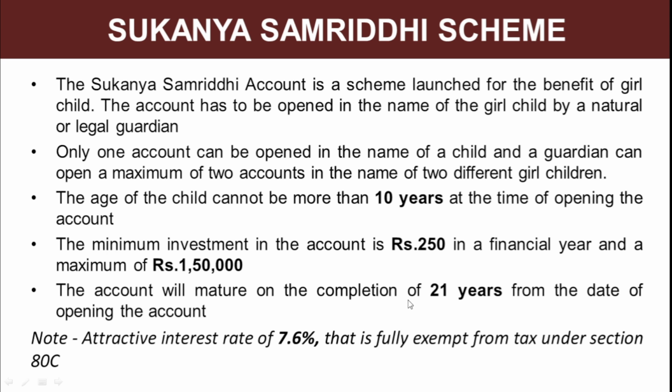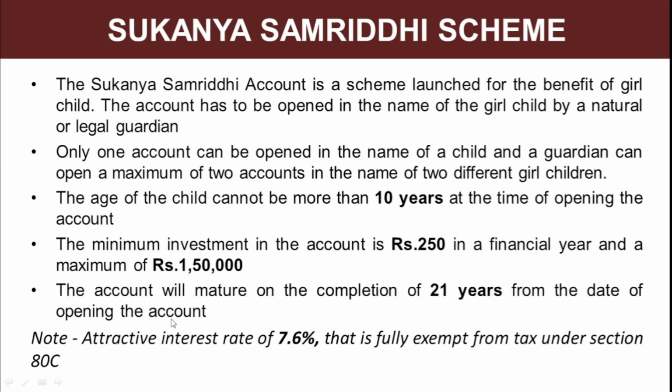The account will mature on the completion of 21 years from the date of opening the account. So this scheme will mature after 21 years from when the account has been opened. Now it also allows the girl child to operate her own account after she reaches the age of 10.